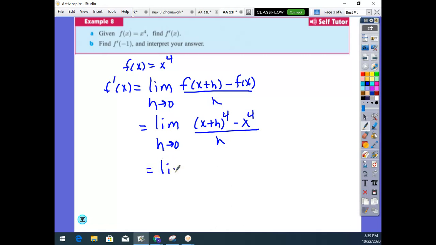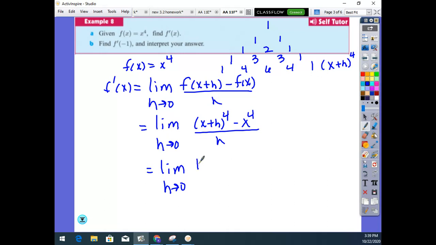So here's when we want to simplify x plus h to the 4th. I'm going to look at Pascal's triangle. This is where it's squared. This is to the 3rd. So if I want to find x plus h to the 4th, I'm going to use this row of coefficients.